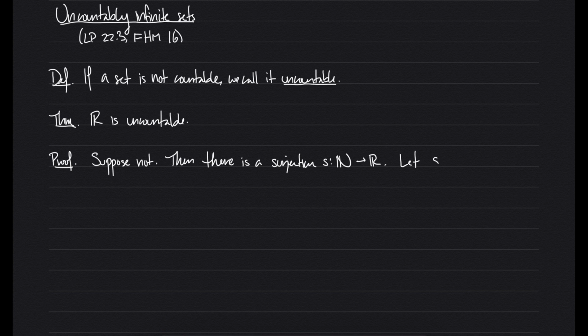Okay, so what we're going to do is give names, first of all, to all of the digits of all of the real numbers in the image of S after the decimal points. So we're going to let S_i^j denote the ith digit of S of j after the decimal point.